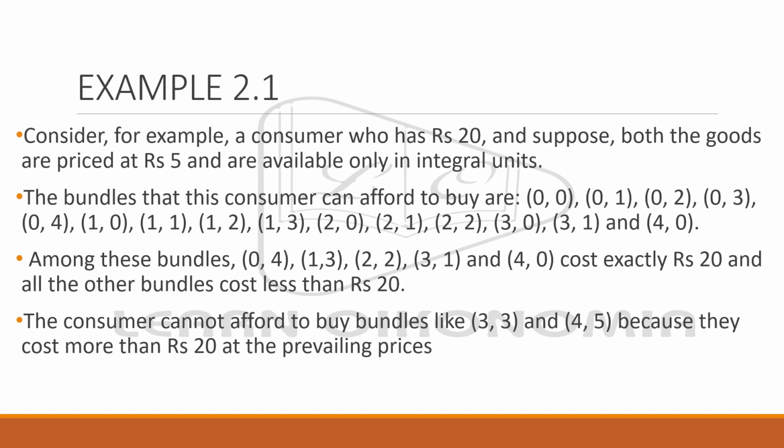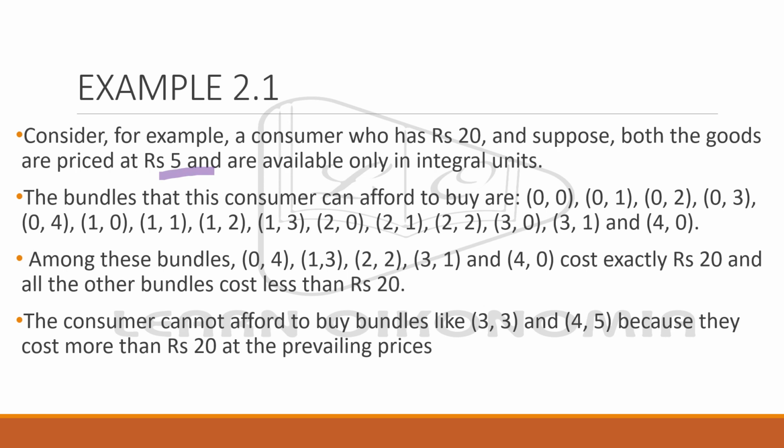Now I am giving you an example so that you will be able to understand it much more clearly. Just consider a situation where a consumer has 20 rupees with him. And also there are two commodities and both the goods in the market are priced 5 rupees.